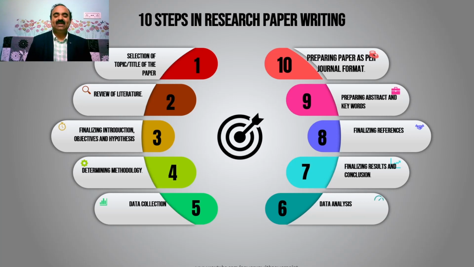They will specify different styles depending upon the format of their journal. So the last step is preparing your paper as per your journal format. Dear students, if you go through these 10 steps, it will be easy for you to write a research paper.